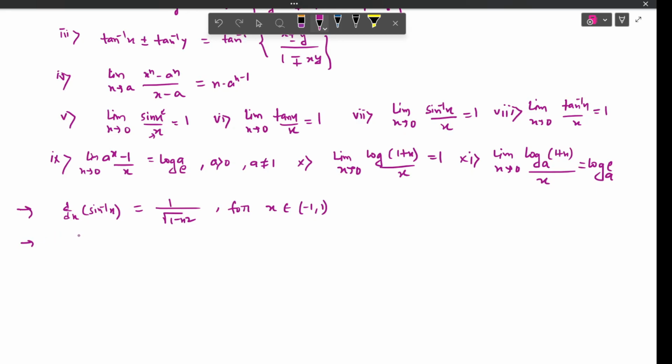Now let's see d/dx of cos inverse x. This would be minus 1 by root under 1 minus x square, and x belongs to minus 1 to 1.